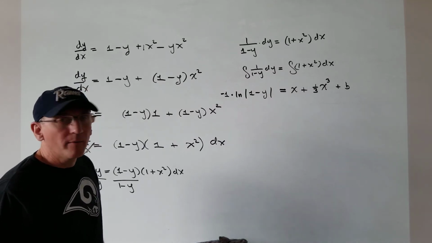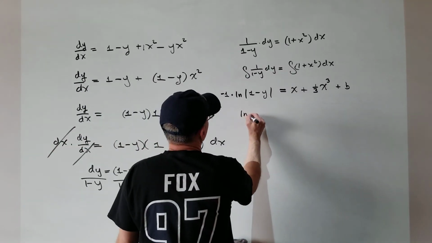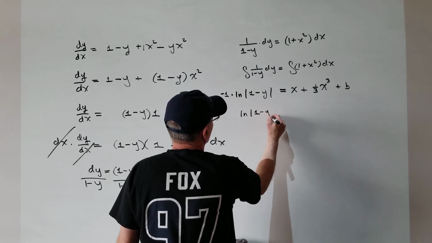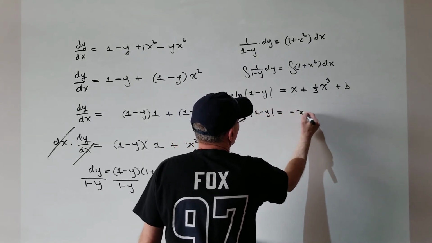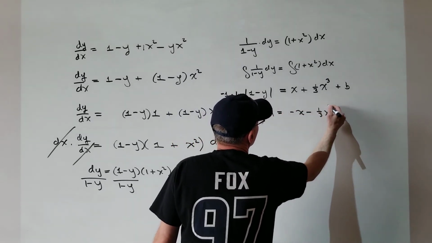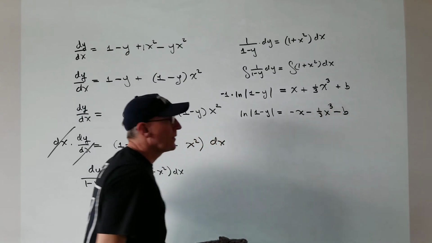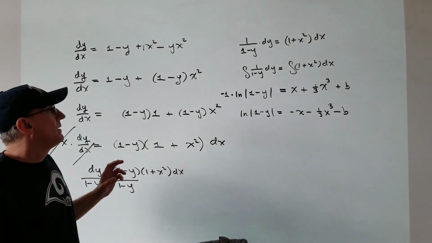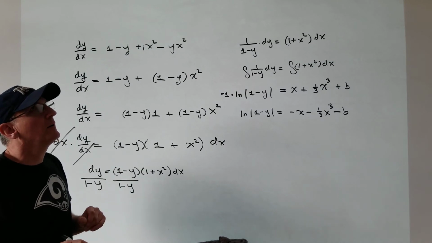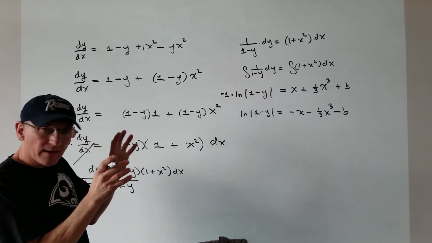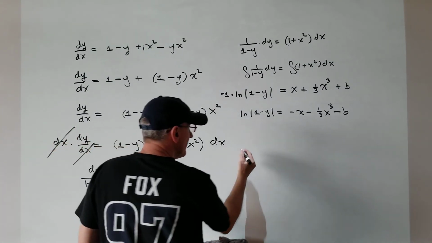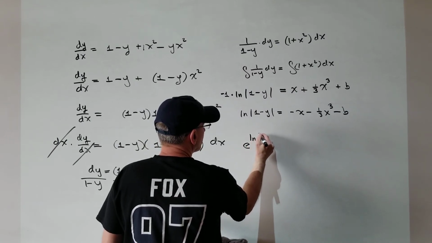So I'm going to divide everything by negative 1. And that's going to make everything on this side negative. I'm going to raise everything to the e power. We're going to use these as exponents above bases of e, like this.